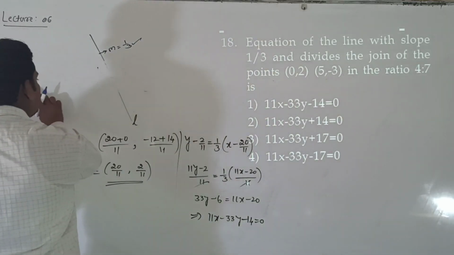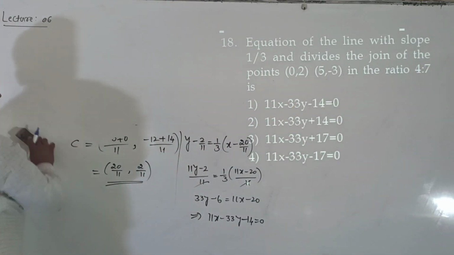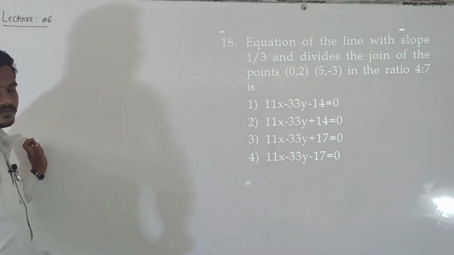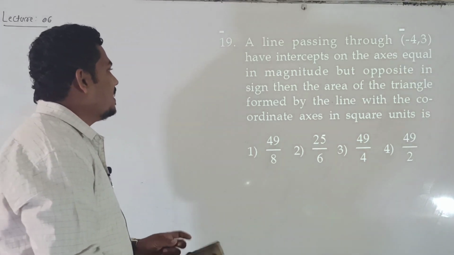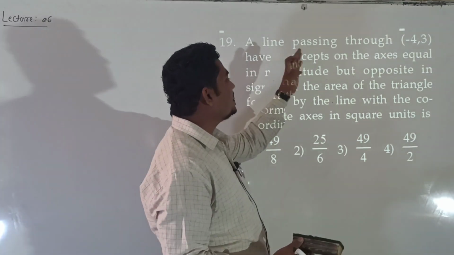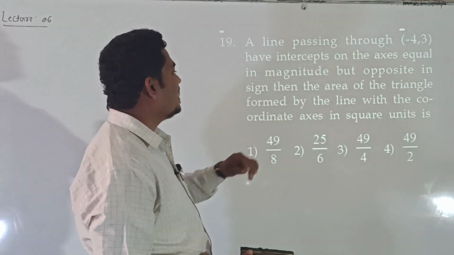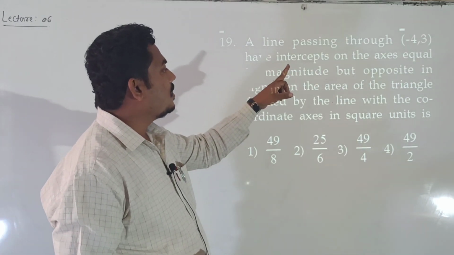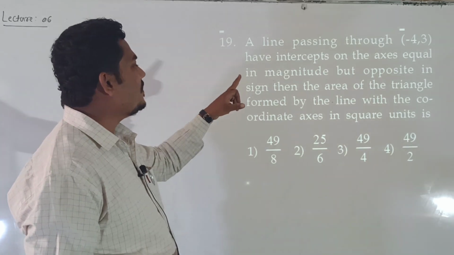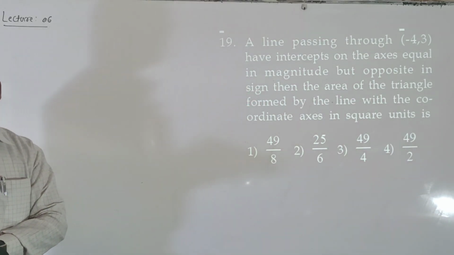Next, question number 19. A line passing through (-4, 3) has intercepts on the axes equal in magnitude but opposite in sign.